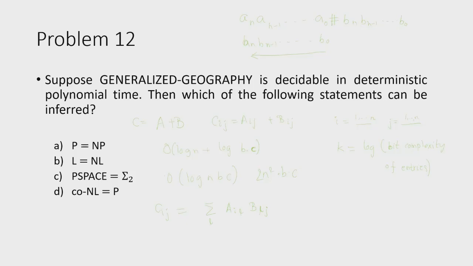So what we'll rather do is compute C bitwise. First of all, we would compute Cij0, by which I mean the least significant bit of Cij. To do that, all we have to do is do all of this bitwise, right?